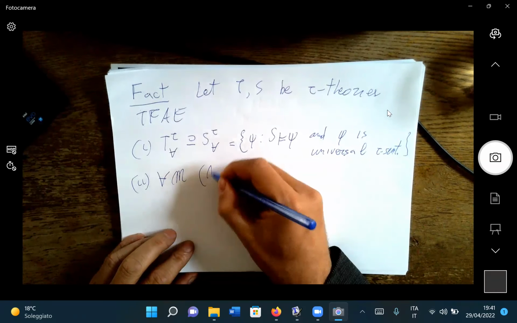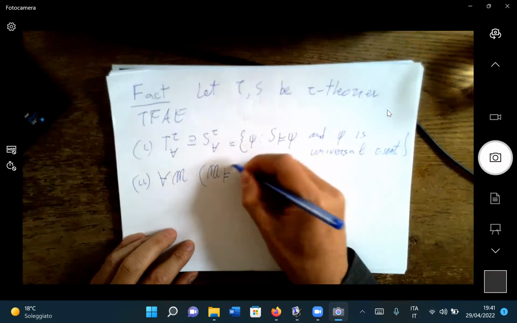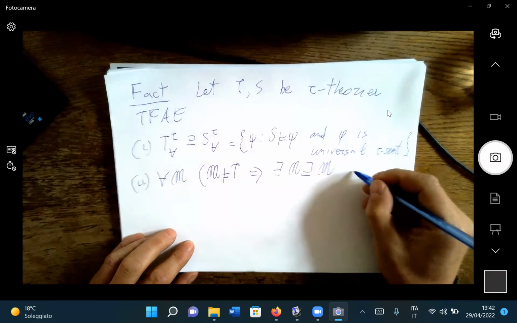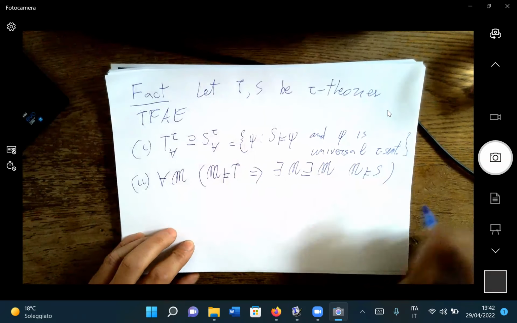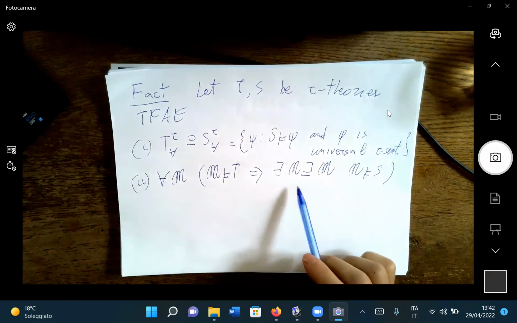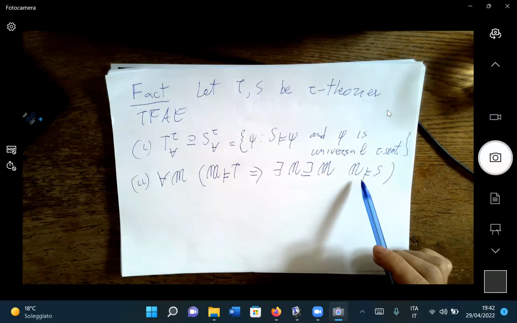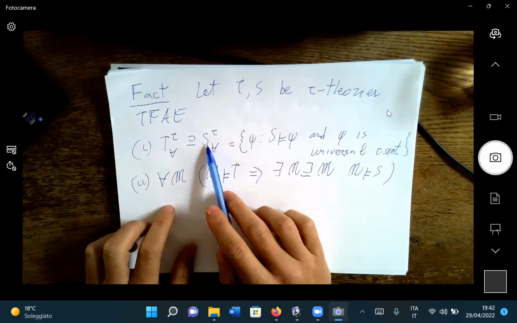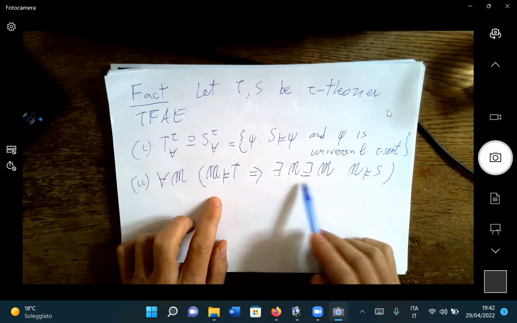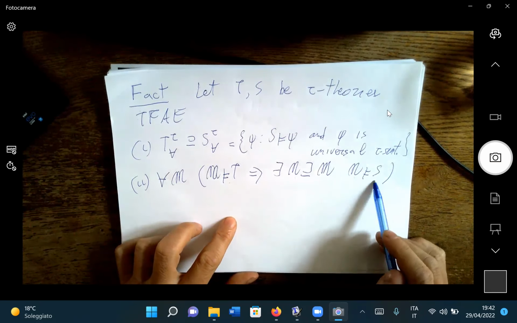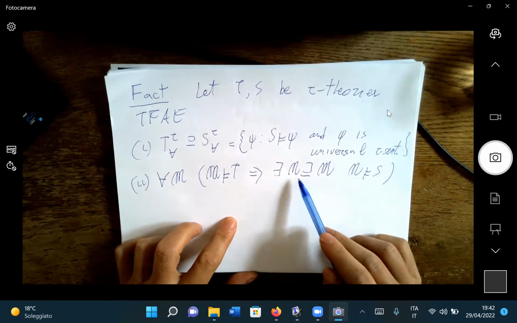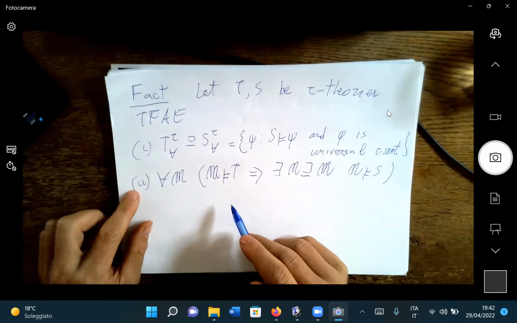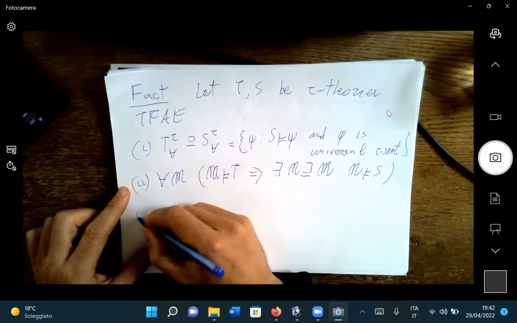For all M, which is a tau structure, M models T implies there exists an N, which is a superstructure of M according to tau, and N models S. So if you have a model of T, you can extend it to a tau structure which is a model of S. It's clear that if you have 2, you get 1: if you take a universal sentence which follows from S, take a model of T, and take a superstructure which models S, it models the universal sentence, and then M is a substructure of a model of a universal sentence, so it models the universal sentence as well. Is this argument for 2 implies 1 clear?